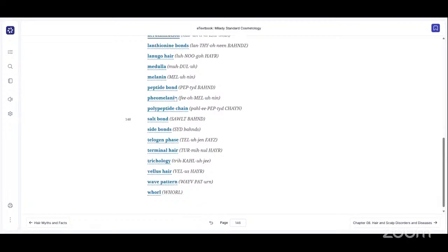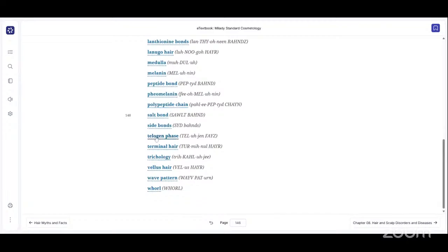Since we talked about it yesterday, let me go to the telogen phase. Please use your chat box. We know anagen is growth, catagen is resting. What is telogen? I'm driving right now, Miss Cosmo, but I believe telogen is the phase where it falls off.